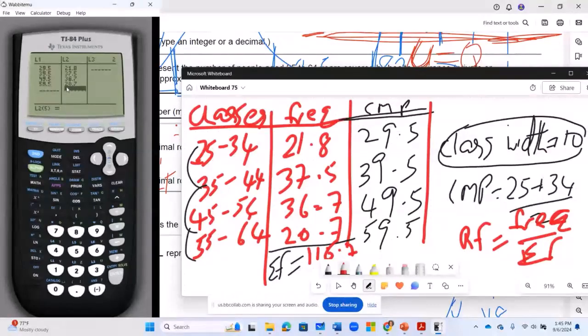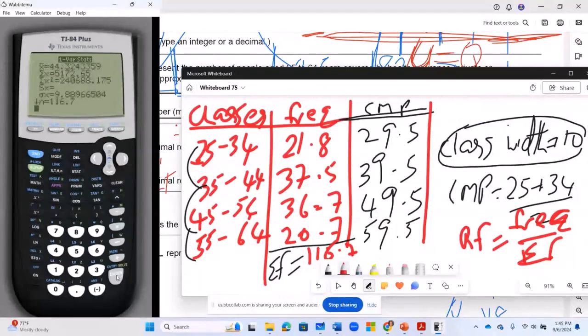So the next thing you want to do is find the one-variable stats of L1 and L2 like we did last week. Go to STAT, arrow to CALC, do one-variable stats of L1, the class midpoint, and L2, the frequency, because this is grouped data.